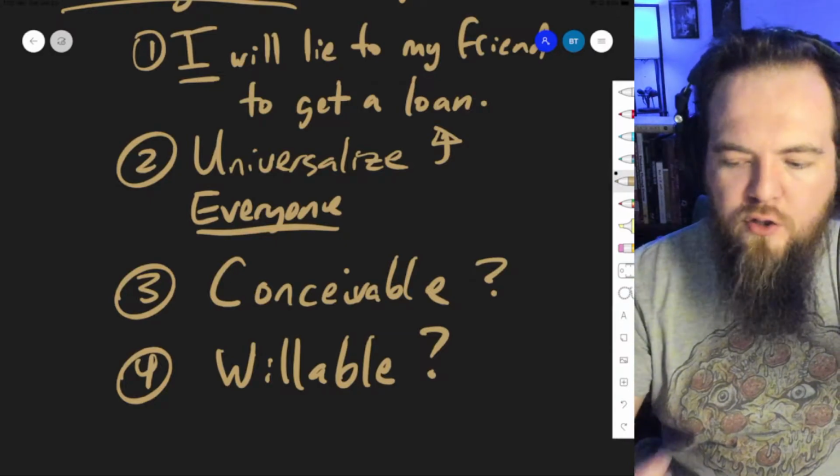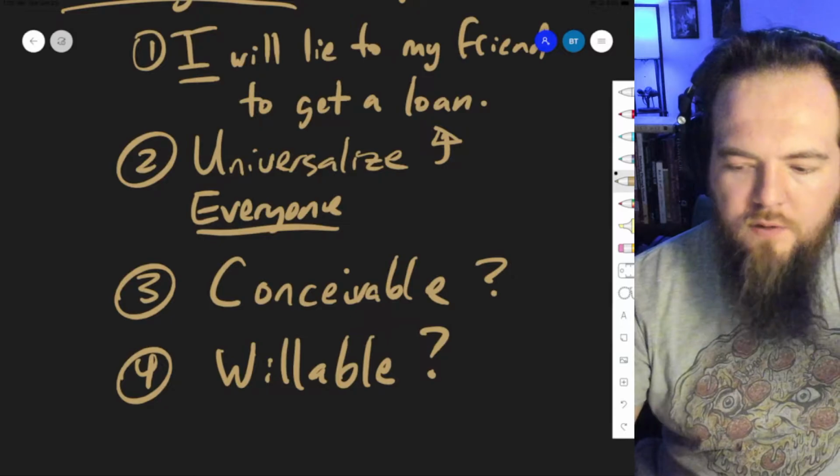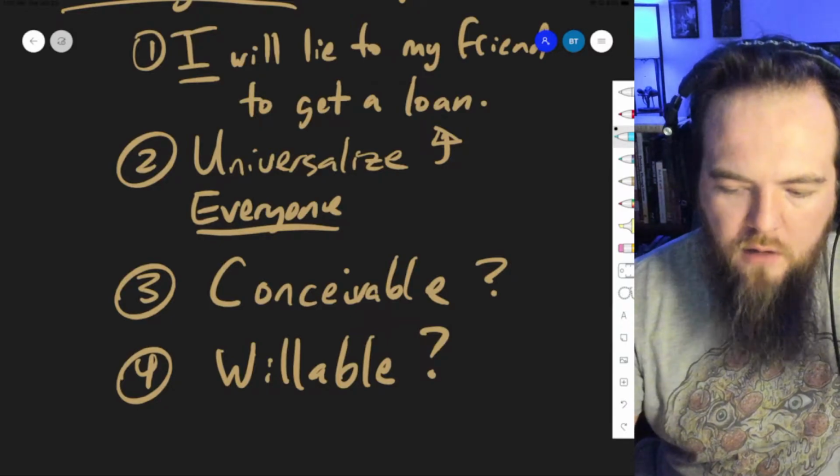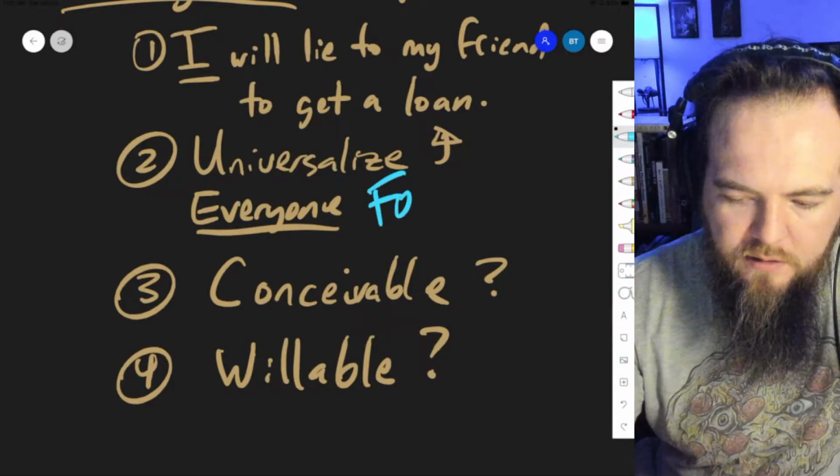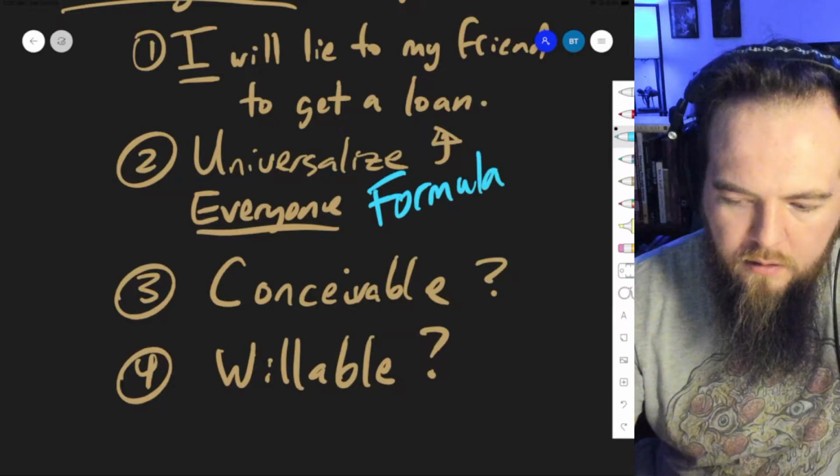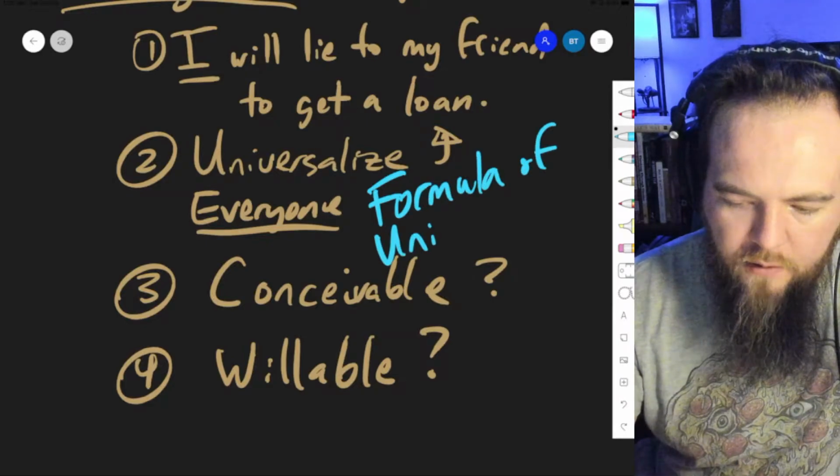So this first procedure is what he calls the formula of the universal law of nature.